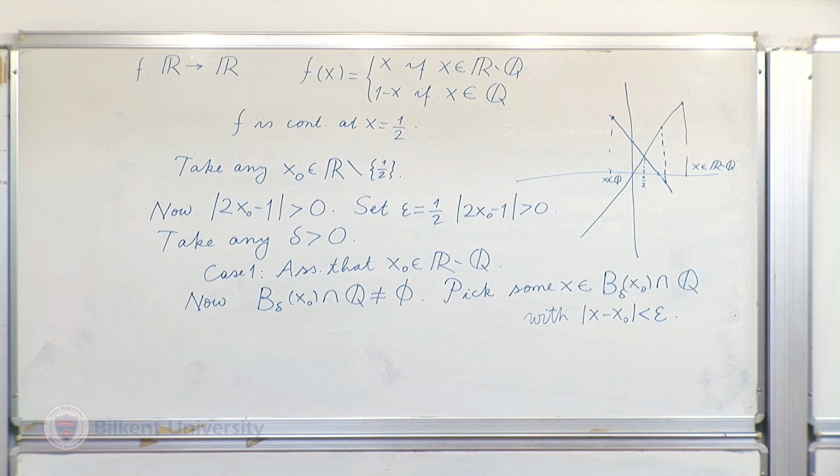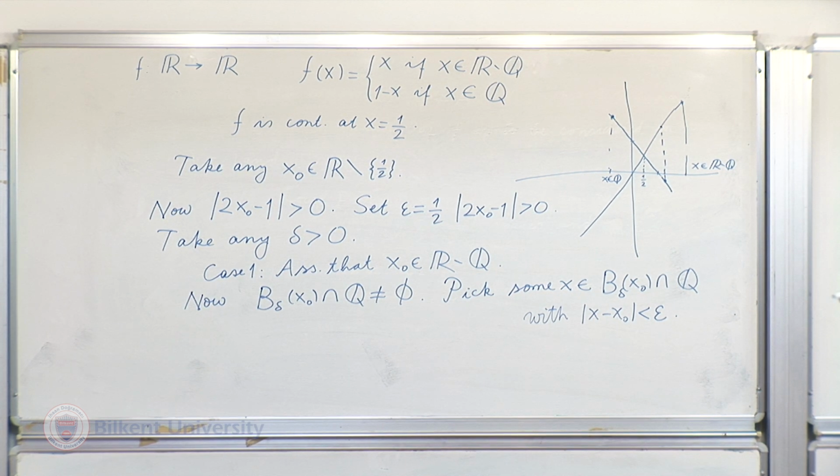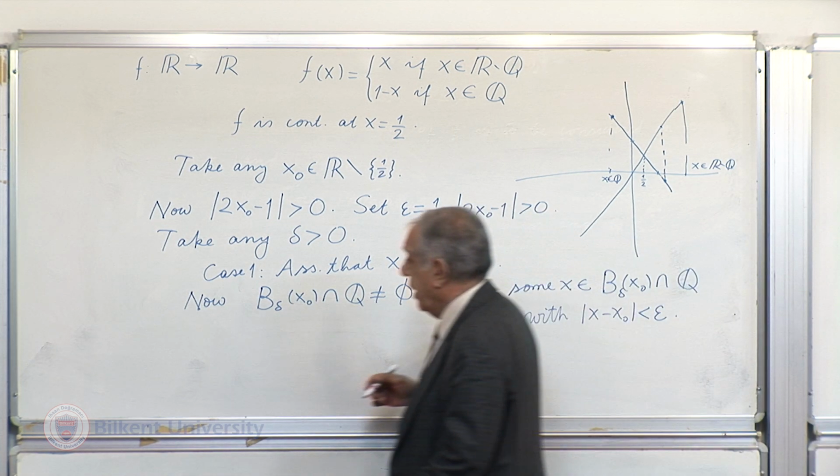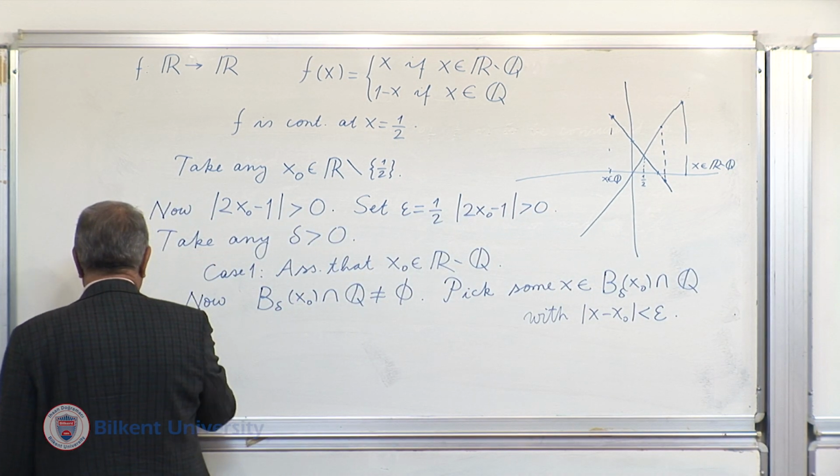We can do that. Just take the minimum of epsilon and delta, take that ball, the intersection of that with Q is non-empty again. Okay, now let's check what happens to this.